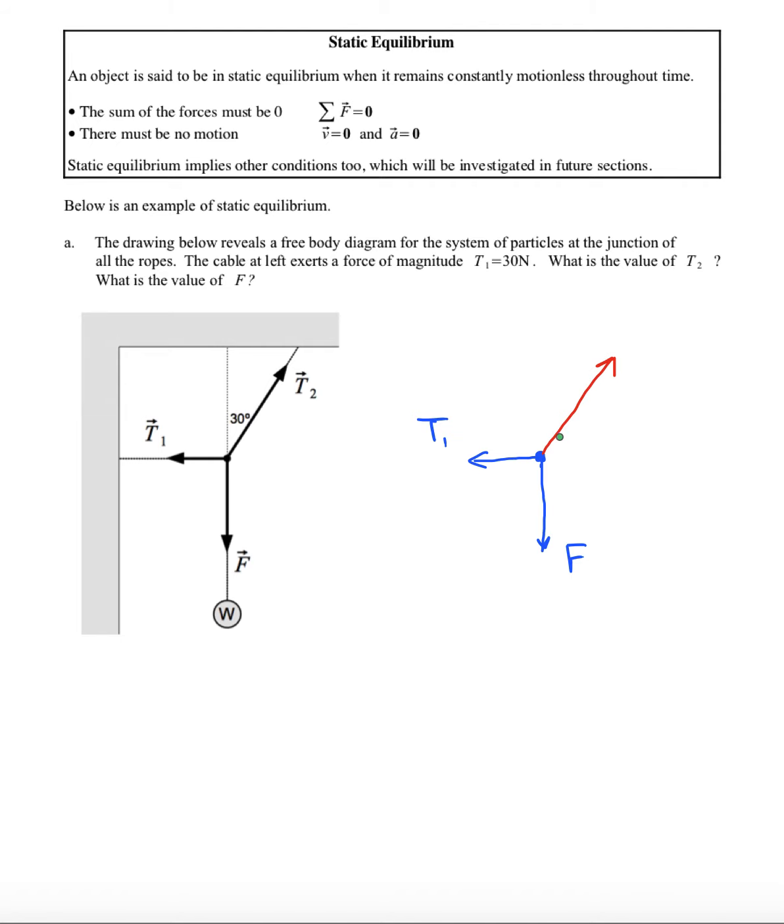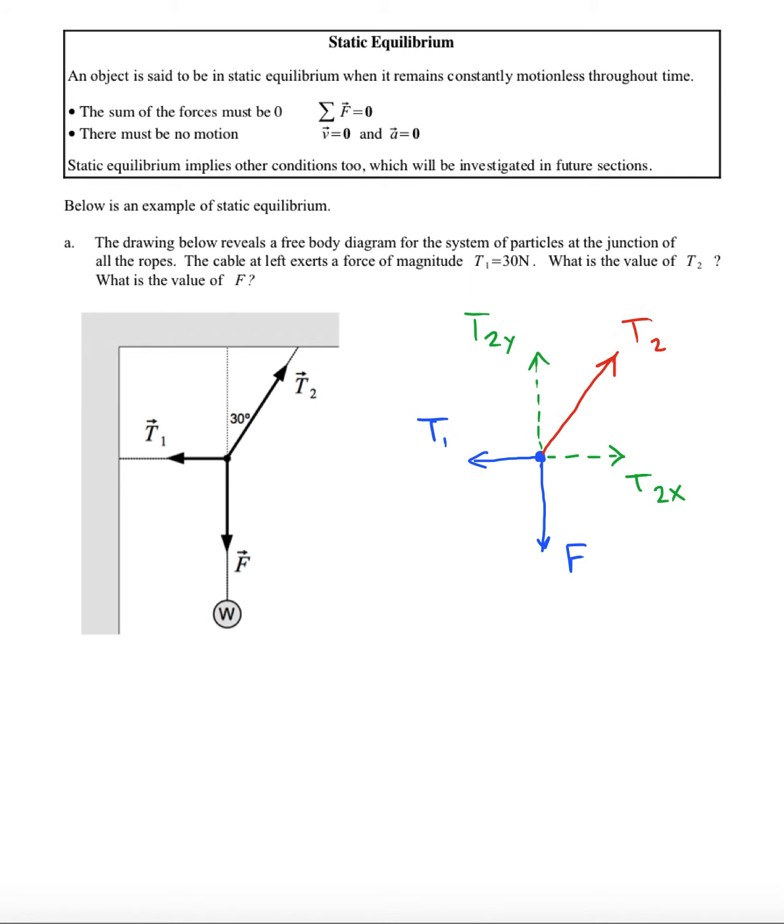This is a technique that I had done a video on in the past. We want to find what could be called T2x and T2y. This is T2.